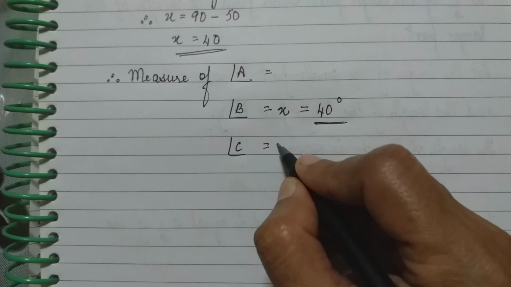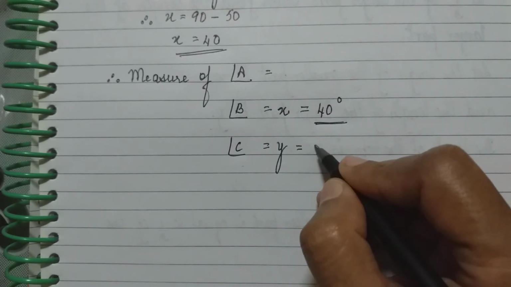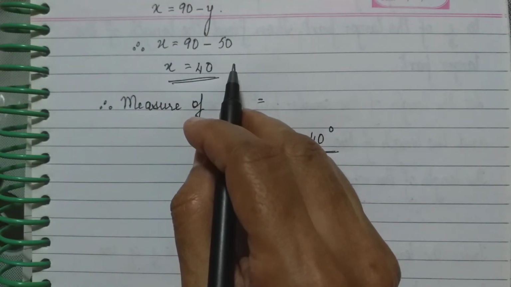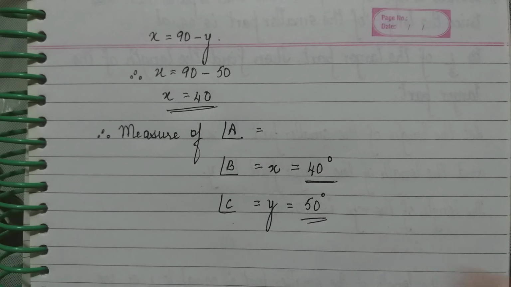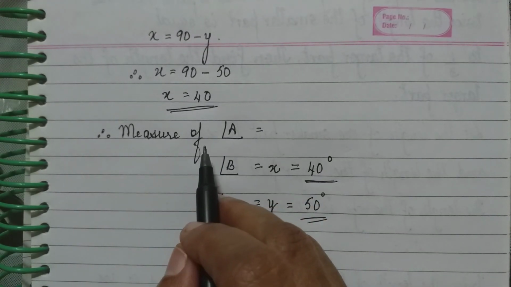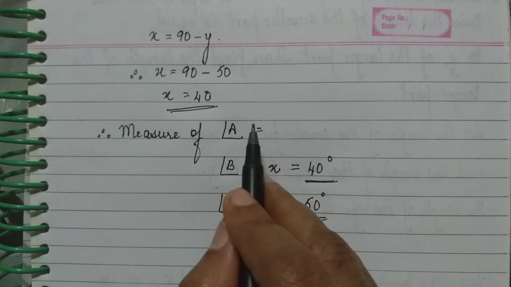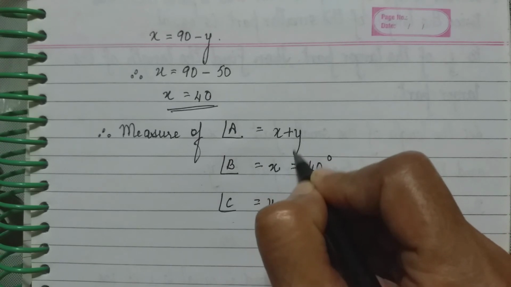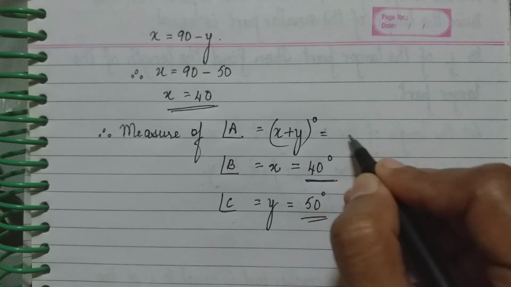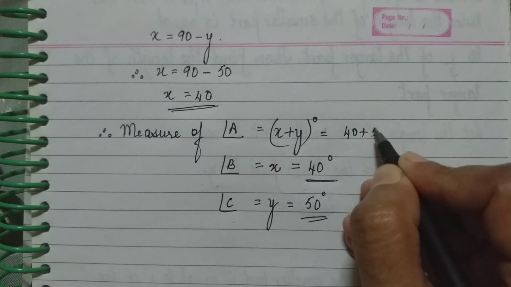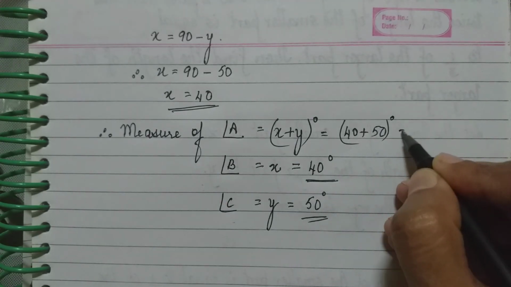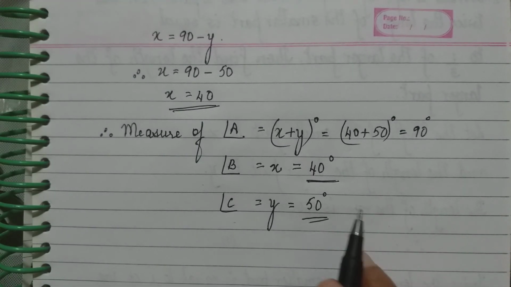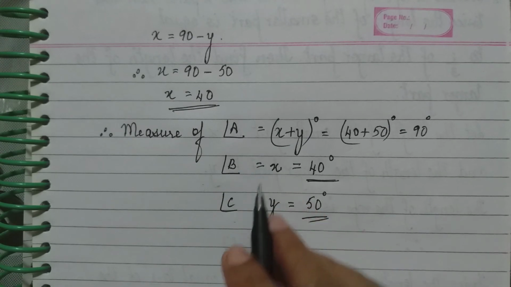Measure of angle C was taken as y, so it is 50 degrees. And measure of angle A, in the first condition we said the measure of angle A is the sum of angle B and angle C, that was x plus y degrees, that is 40 plus 50 degrees, which is 90 degrees.